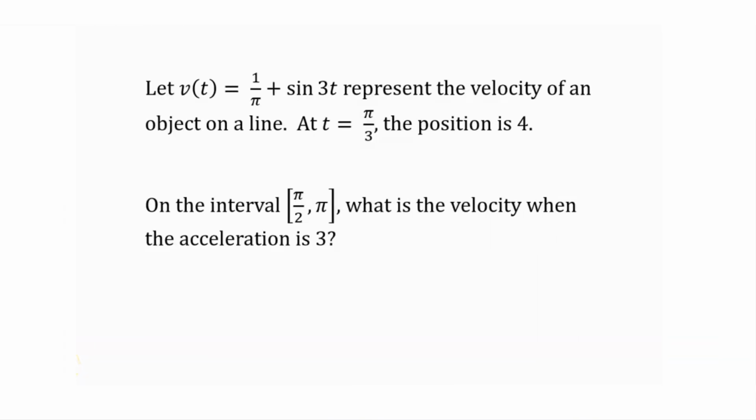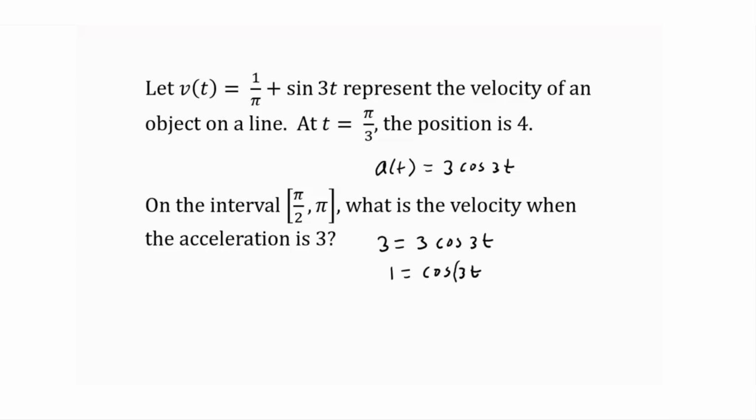For the last part, on the interval pi over 2 to pi, what is the velocity when the acceleration is 3? We know that the acceleration from the previous part is 3 cosine 3t. So my strategy here is to set the acceleration to 3 and solve for t. If I divide both sides by 3, I get the cosine of 3t equals 1.